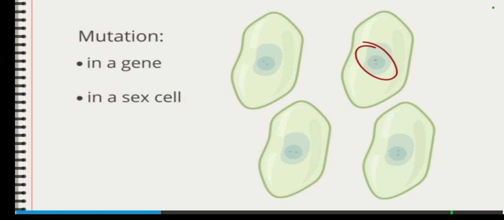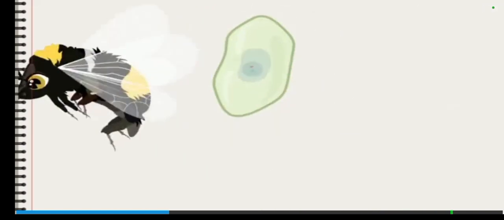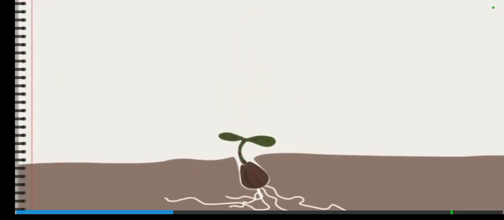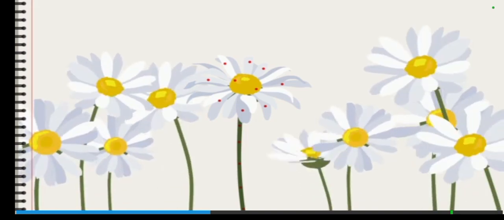And a sex cell can be the start of a totally new individual. So, if this cell is conceived and sets root, and then grows to become a new flower, then all the other cells in that flower get copies of the changed gene. The new daisy has slightly different genes, and slightly different properties than the previous generation, and slightly different properties than all the other daisies in the meadow.